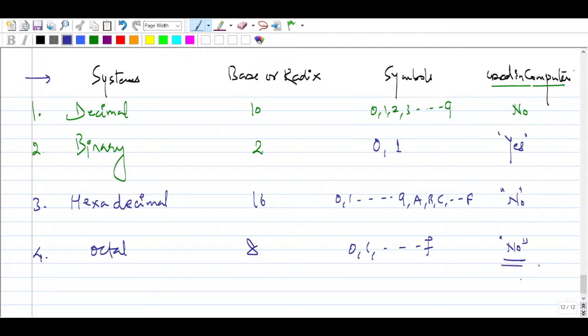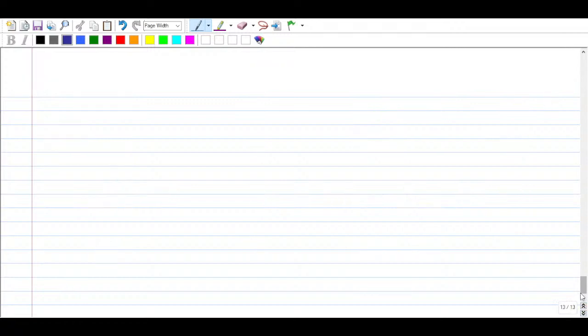So these are the number systems which we will be studying. In fact, we will be using them in the further lectures of the course. So let's talk about some of the conversions. Number system conversion is what we will see here.